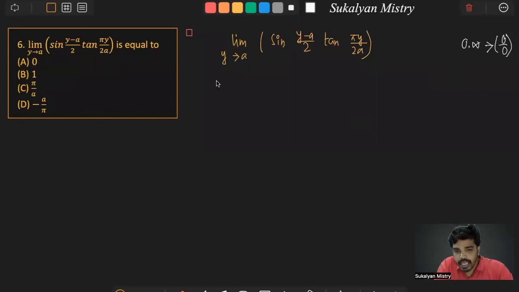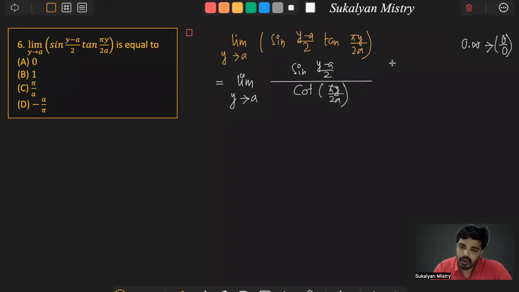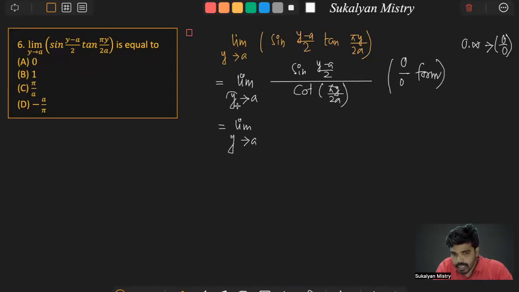So this can be written as limit y tending to a of sin((y minus a) by 2) divided by cot(pi y by 2a). Now this becomes 0/0 form. So now differentiate, with respect to y, since the limit is with respect to y.